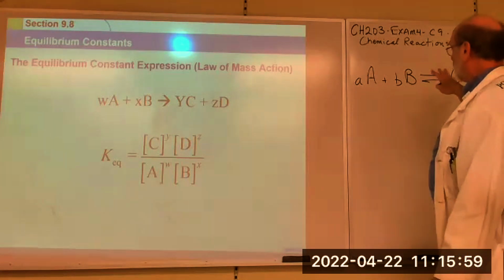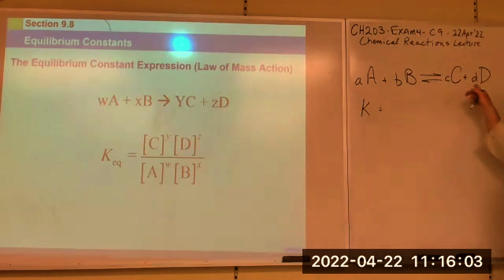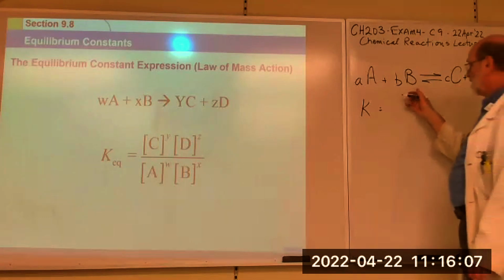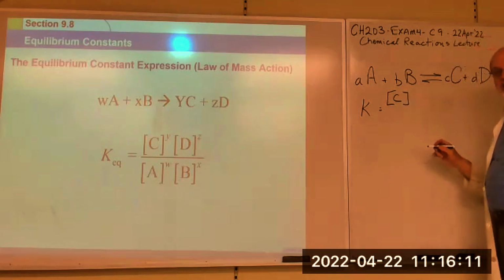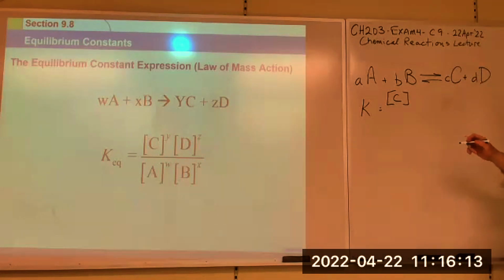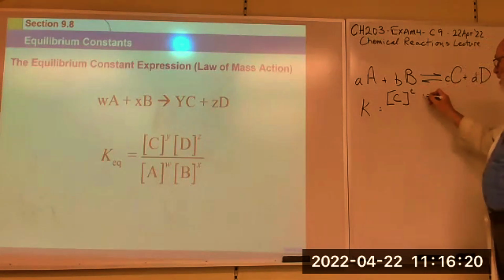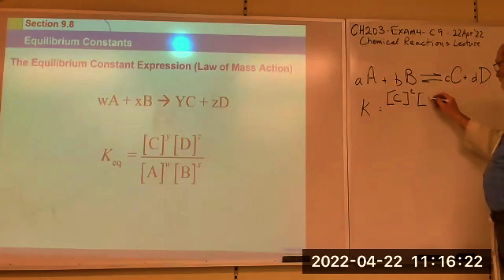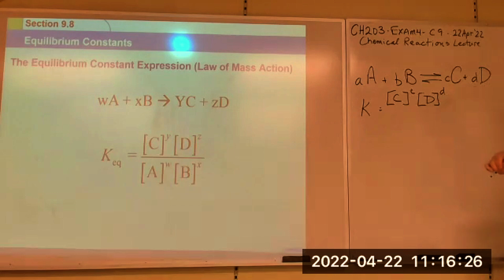Okay, now if you write the equilibrium constant, it's the concentration of this reactant, and we use a square bracket. Square brackets mean equilibrium. So the equilibrium concentration of C raised to the coefficient power times the equilibrium concentration of D raised to its power.